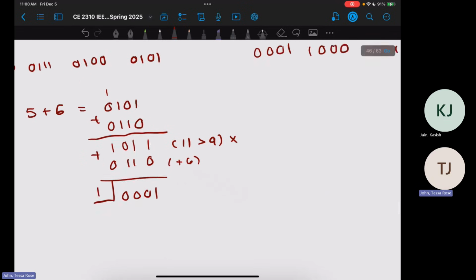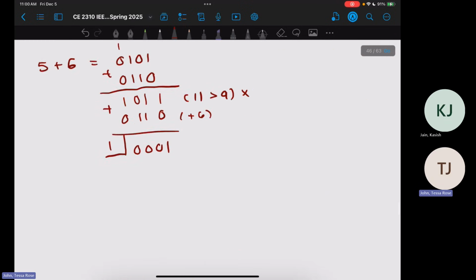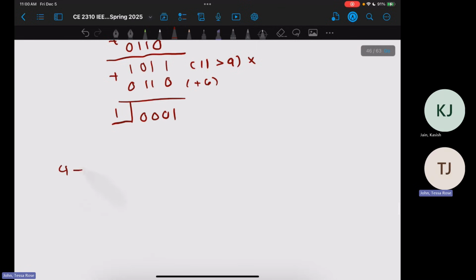So now we're going to go to our next number, which is 4 and 3. So this is the tens place. So 4 plus 3, which is 0, 1, 0, 0 plus 0, 0, 1, 1. And then one thing to note is we have to use our carry from here and add it again to this. Okay?